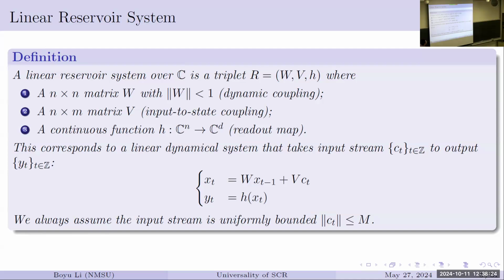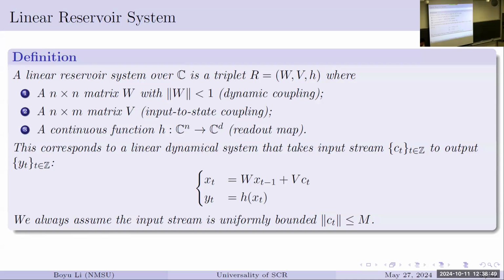We are working on some new ideas that relax it to the absolute value of the eigenvalue less than 1. That's actually doable, but we're not going to talk about it today. And we have some continuous function, and we do need a continuous readout here. That's going to be important later.